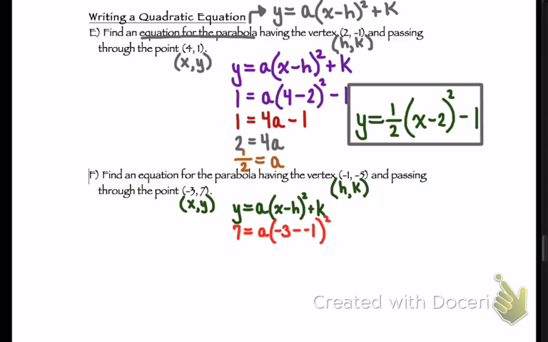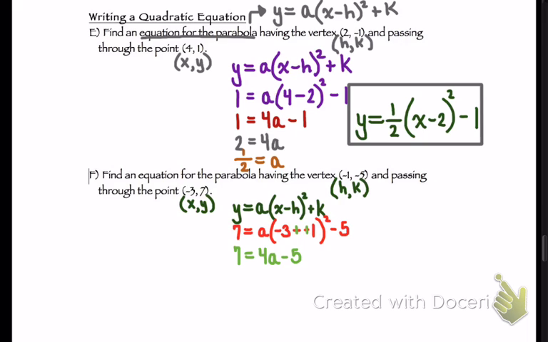Plug in the information that you know. I showed it to you. Negative 3 minus a negative 1, squared. Think about that. I know minus and negative is plus, so I do negative 3 plus 1. I got negative 2. Negative 2 squared is positive 4.